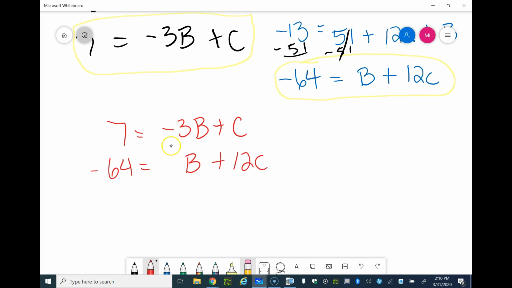So in order to do the elimination method, remember we have to try to eliminate one of these letters. I think since the 3 is the smallest one, if I multiply everything on the second equation by 3, the 3's will cancel out. It's like doing that LCD thing. So we can rewrite this one. This one is fine.